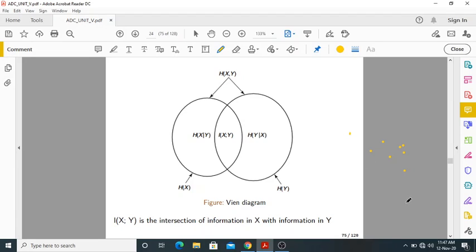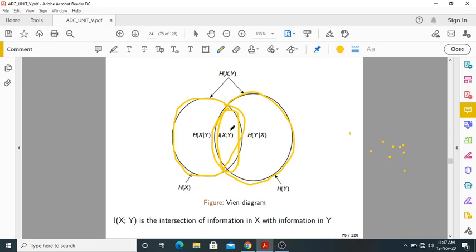What was the last formula we had? H of x plus h of y minus h of x comma y. What is h of x comma y? This is h of x comma y. So remember that. Then h of x is this part, plus h of y means this part, minus h of x comma y is nothing but this part. You might have seen these kinds of things already.